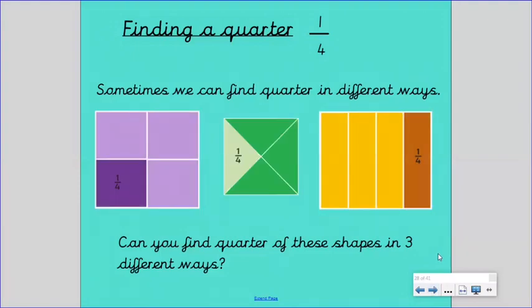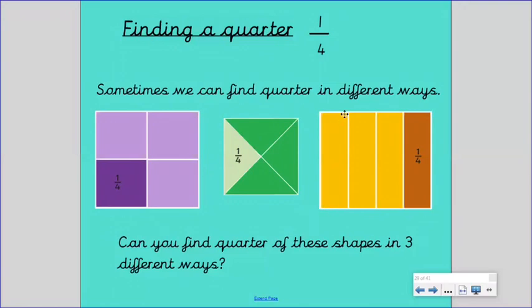Here are 3 different ways that we could find a quarter. Now, it doesn't matter which way round you got these. Okay, this is just the way that I've done it. So for the first one, it was the standard from top to bottom and from left to right to form 4 equal parts. Okay, the second one here, I've gone in 2 diagonal lines to form a cross, and that forms 4 equal parts that are triangles here, but still 4 equal parts.